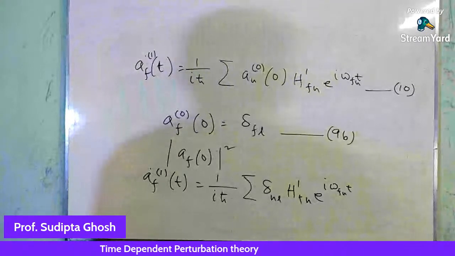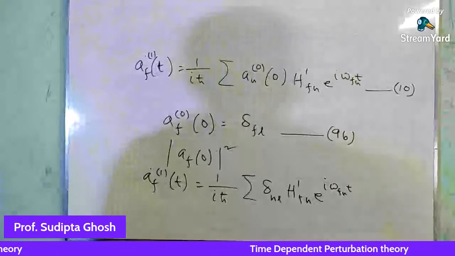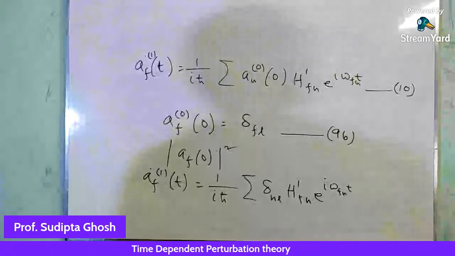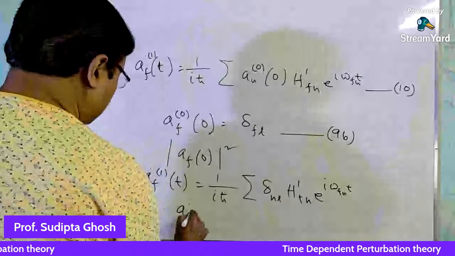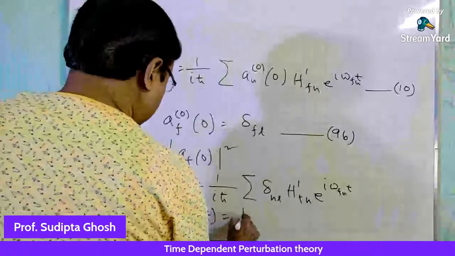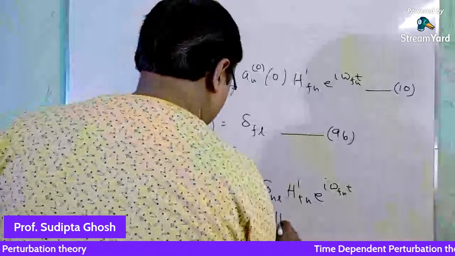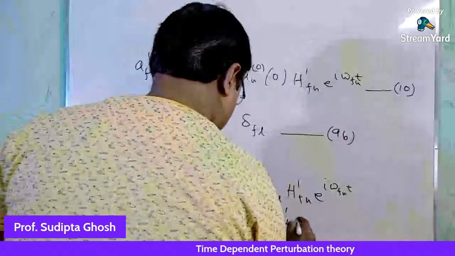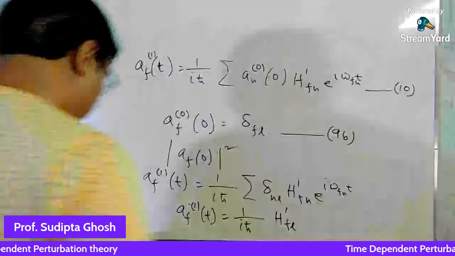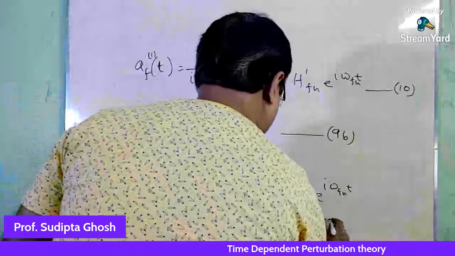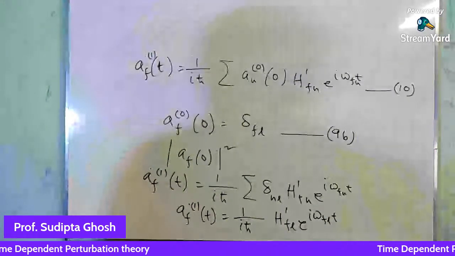Now if n equals L, it means delta_nL becomes 1, and H prime_fn can be written as H prime_fL. So a_f dot 1(t) can be written as 1 by iħ, the summation term will vanish, so it will become H prime_fL, because for n equals L we are applying the value n equals L, e to the power i omega_fL t.